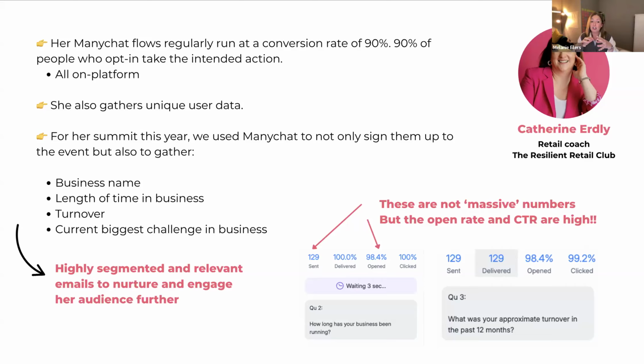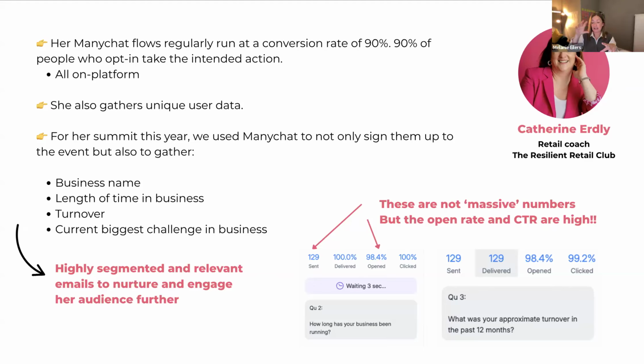So for her summit this year, she really wanted to get hold of more nuanced information about the people that were opting in. So we built out a slightly longer flow, and within that flow, we were using the DM opt-in box to ask for their business name, their length in business, their turnover, and their current biggest challenge in the business as well. Once they'd given that information, done via multiple choice, they were saved into custom fields.